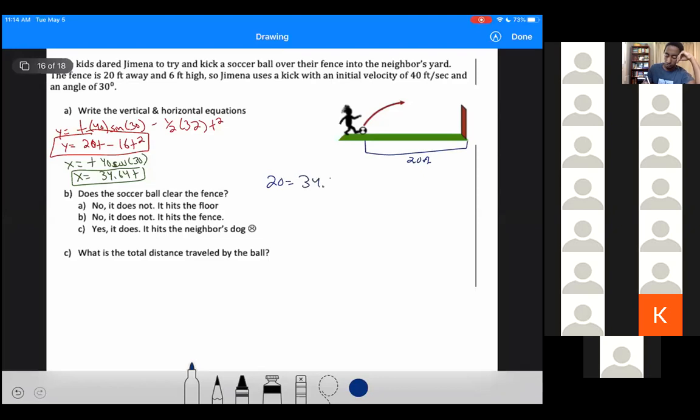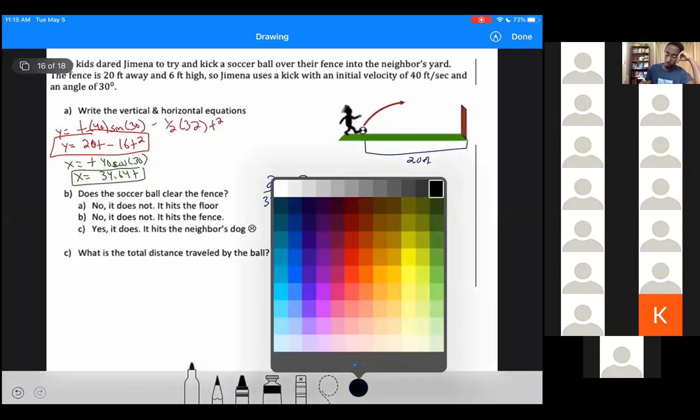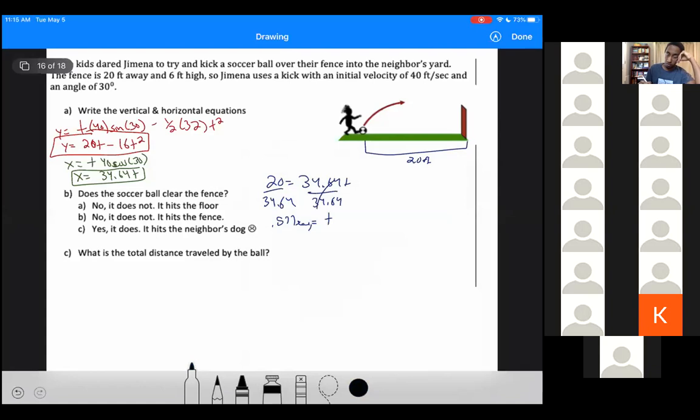And then I solved for t, and it gave me 0.577 seconds. Okay. And then I plugged that into the vertical equation: negative 16 times 0.577 squared plus 20 times 0.577. And I got 6.2131.